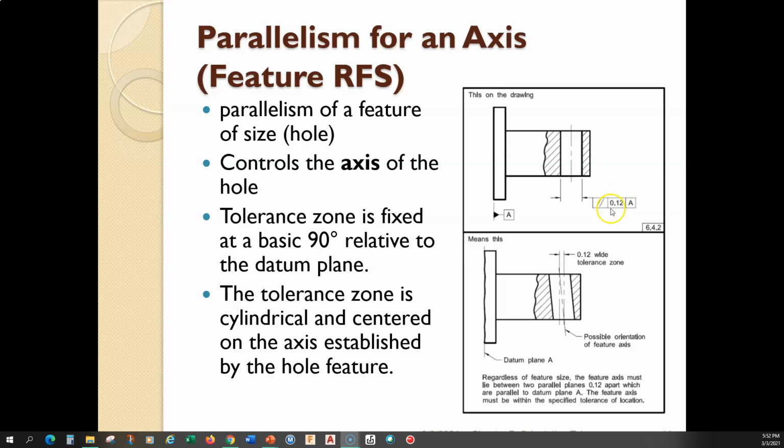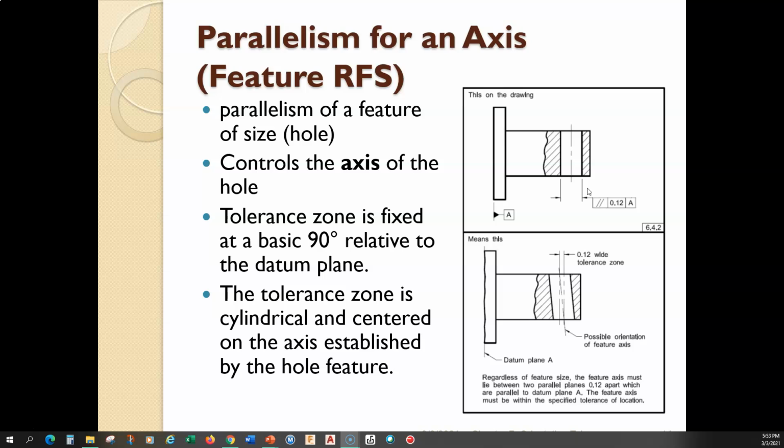So what that means is that the tolerance zone is going to be two parallel planes. So I guess the key here is that we cannot assume that this is a hole. Even though it has an axis going through it, it could be a square slot. But I guess we need another drawing to figure out what's going on here.